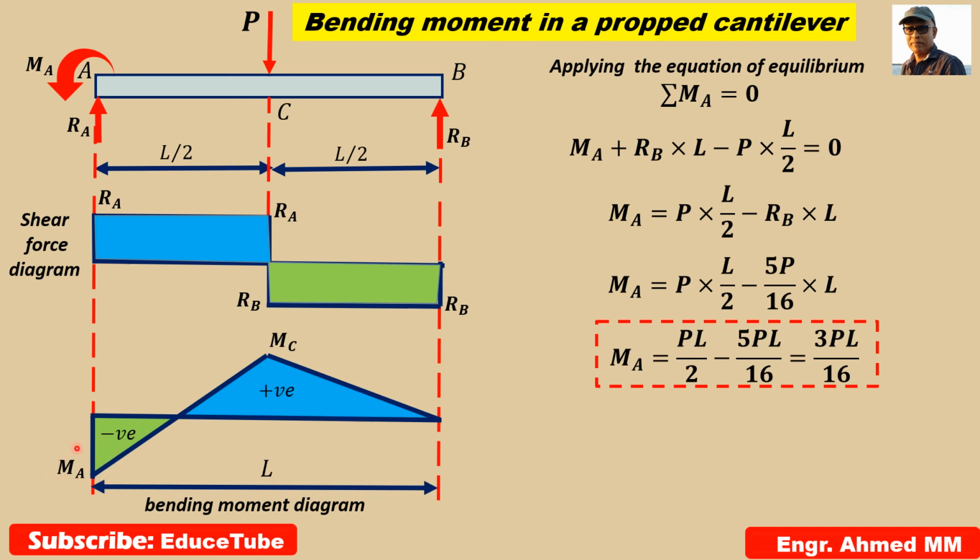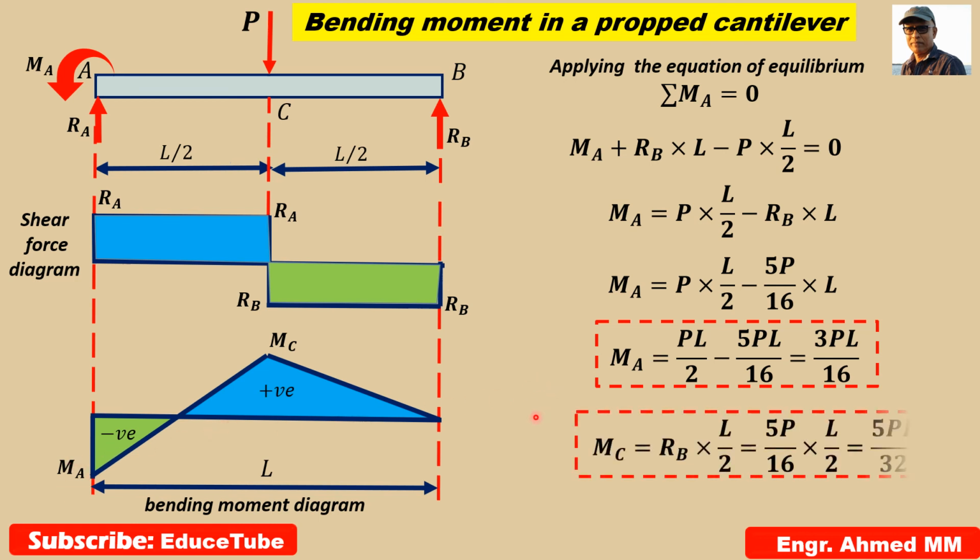MA. How to get MB? Not MB, MC, because MB here is 0. So MC here is RB multiplied by L by 2. Very easy, you know RB here.